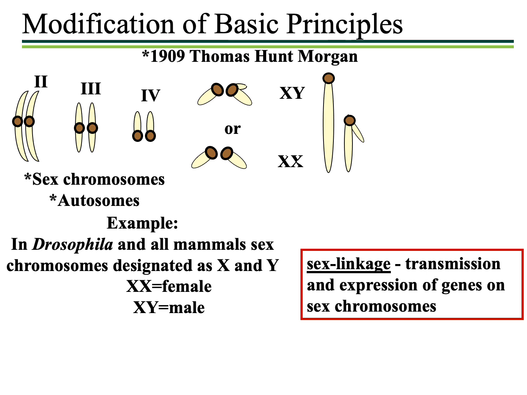So the quick history behind this is that in the early 1900s, Thomas Hunt Morgan, who was a Drosophila geneticist, isolated chromosomes from Drosophila, and Drosophila, again, is the common fruit fly.